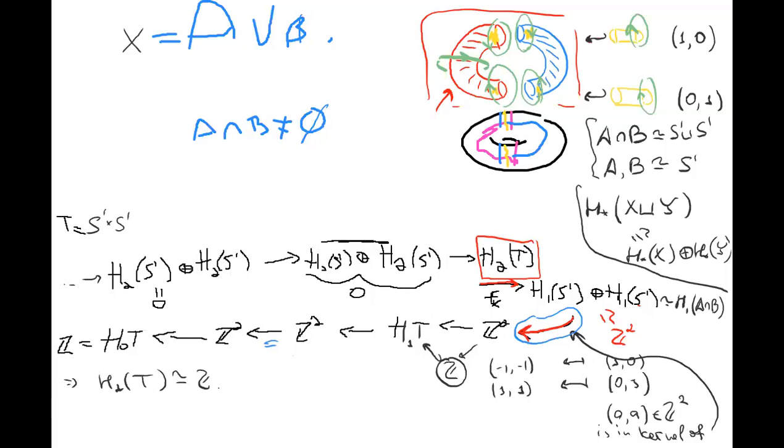So okay, well, this is H0 of the intersection, and this is the direct sum, H0 of A plus H0 of B.